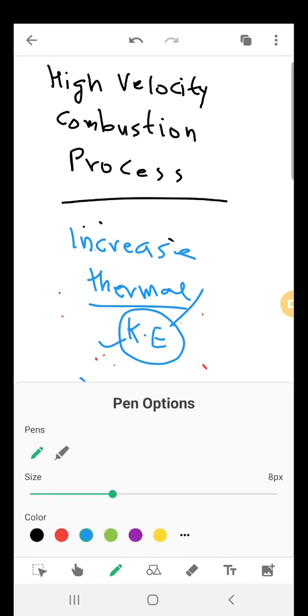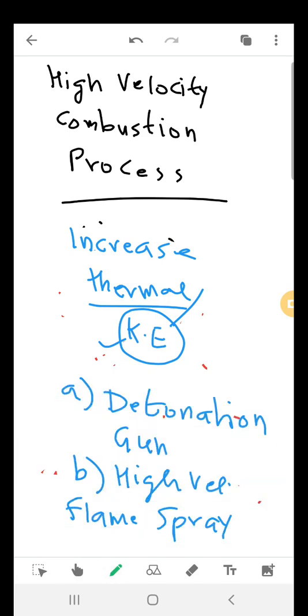In short, it is written as the D-gun method, and the other as the HVFS method. So we will discuss these in my next lecture.